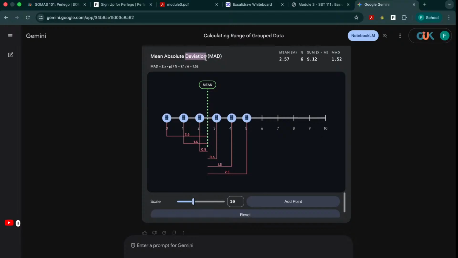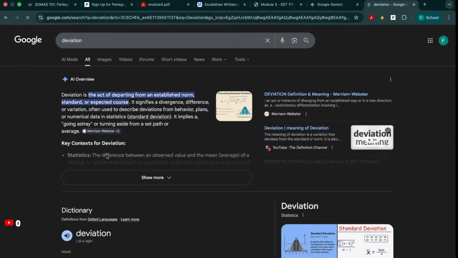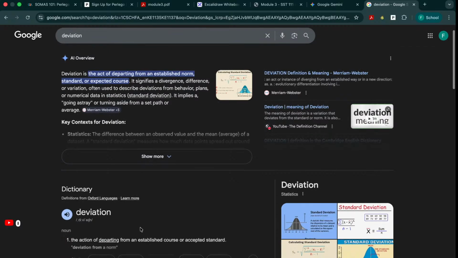Maybe the word deviation is killing me. Let's Google it and see. Deviation, we are told, is the act of departing from an established norm, standard, or expected way.